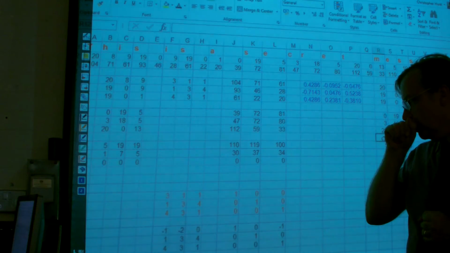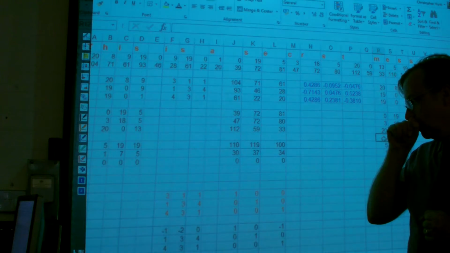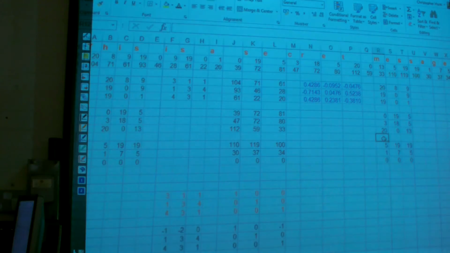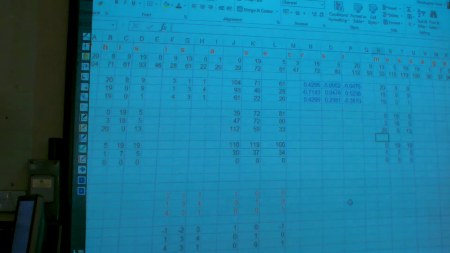If you took a matrix, give me a random number. 7. 7, 5. 5, 5. 5, 3. 3. Okay.